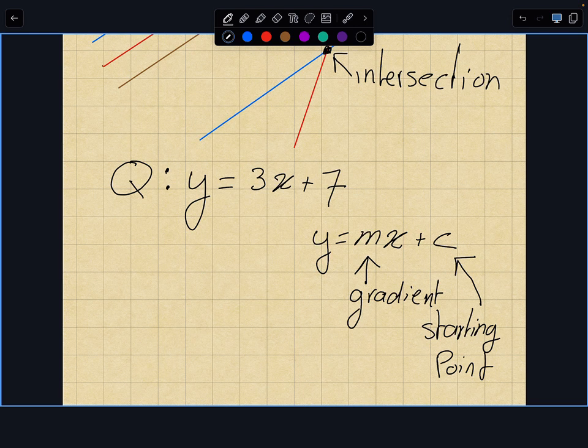So, if I ask you, what is the gradient of line Q? The gradient is not 3x. The gradient is 3. Not 3x, it's 3. That's the gradient.